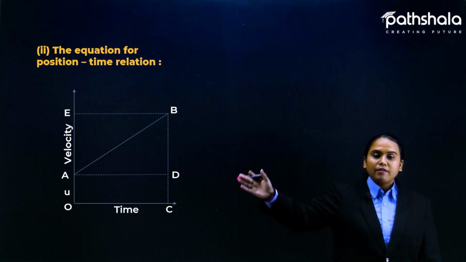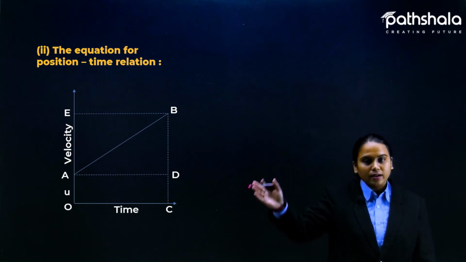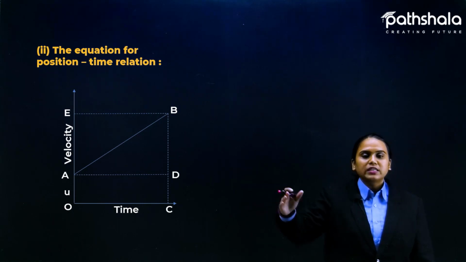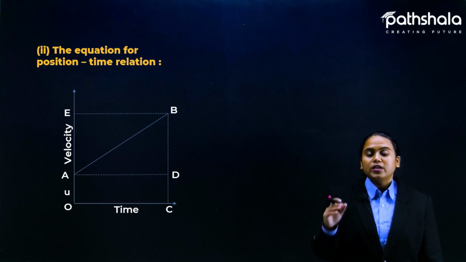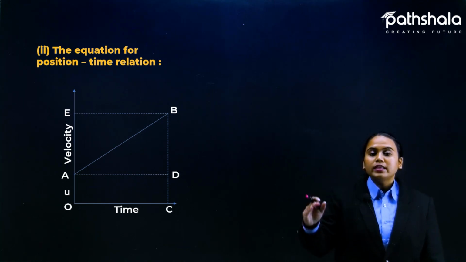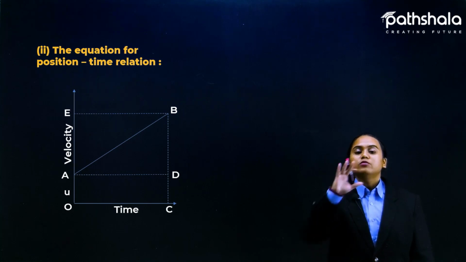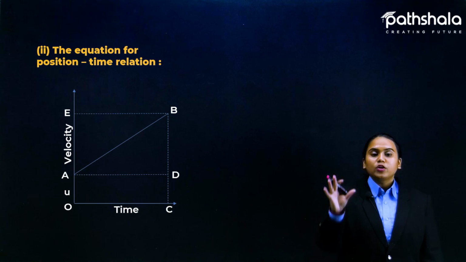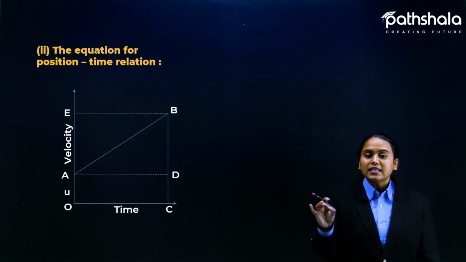Here OA and DC are parallel, and AD and OC are parallel lines again. The initial velocity for this graph is u, that is, we are not going to start from zero; we are going to start our body with a particular velocity, and the initial velocity will be given as u.